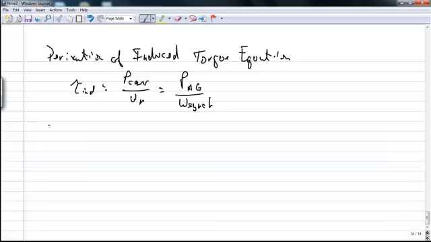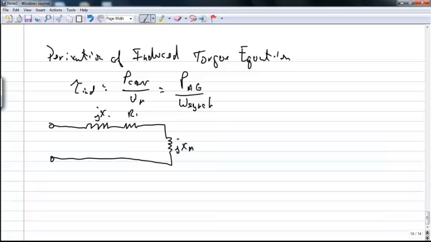Now let me just repeat the per phase equivalent circuit here, a slightly simplified version. We have jX1, R1. This is going to be jXM.